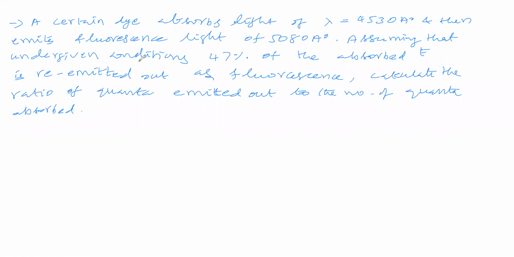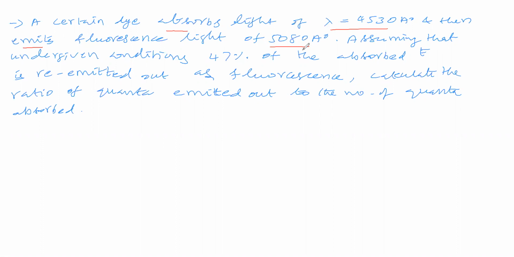Now, what is the absorbed wavelength? The absorbed wavelength is this much, the emitting wavelength is this much. See, the emitting wavelength is greater than the absorbed wavelength. That means the emitted energy is less than the absorbed energy.